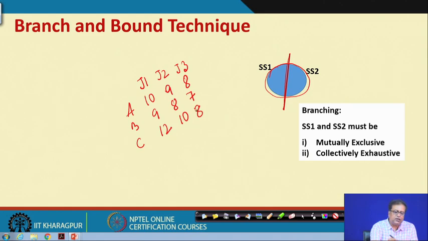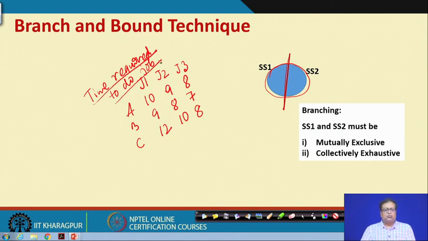This is the time required to do each job. A does job 1 in 10 hours, job 2 in 9 hours, job 3 in 8 hours, B does in 9, 8 and 7, and C does in 12, 10 and 8 hours.